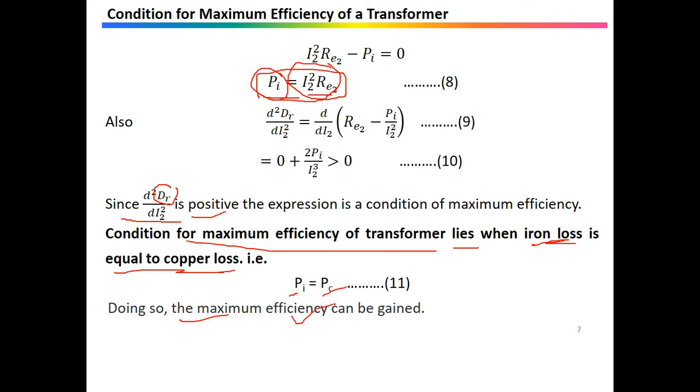So this is how we can derive the condition to achieve the maximum efficiency of a transformer, and it is a very useful expression to study. Therefore proper designing can give us the maximum efficiency, that is, copper loss and iron loss should be equal.